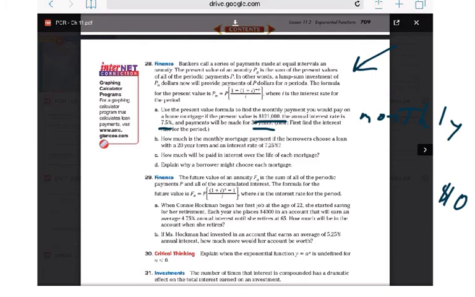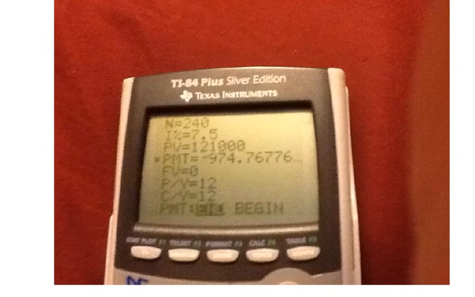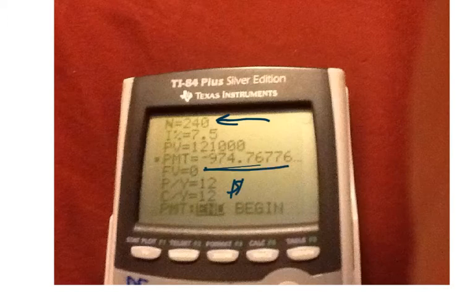Part B says we are still going to do the exact same thing, but with a 20-year term, which means we're only going to change one number in our starting point. We change this number to 240, and then my payment becomes $974.77.